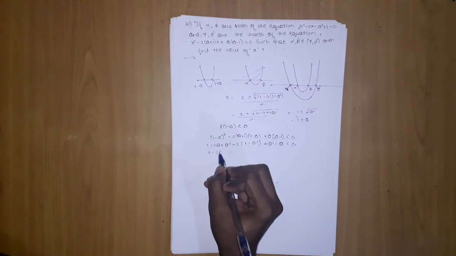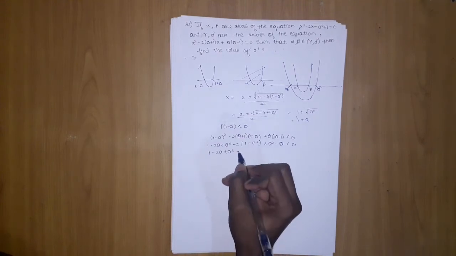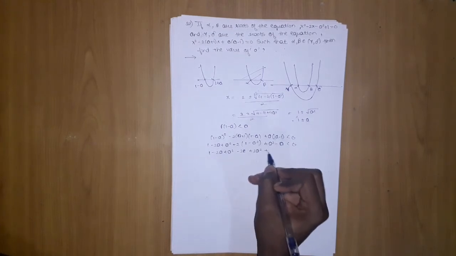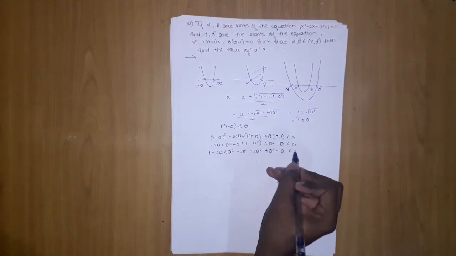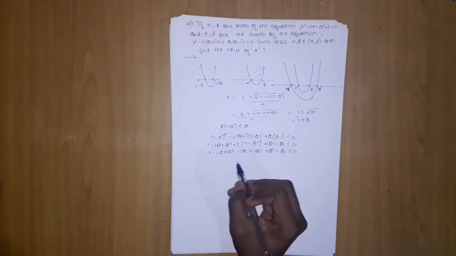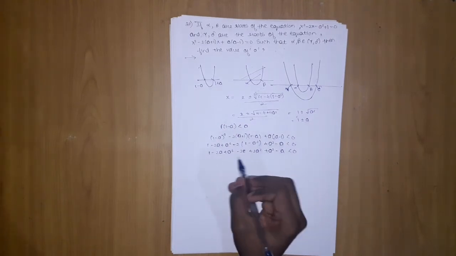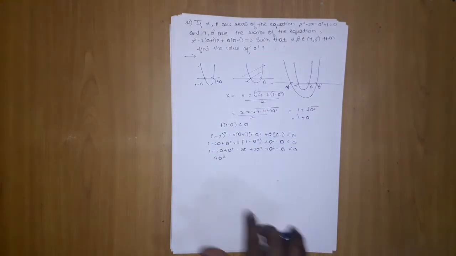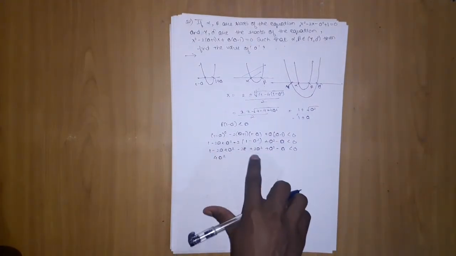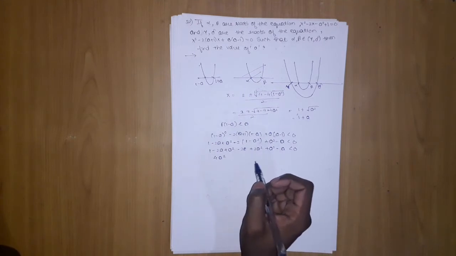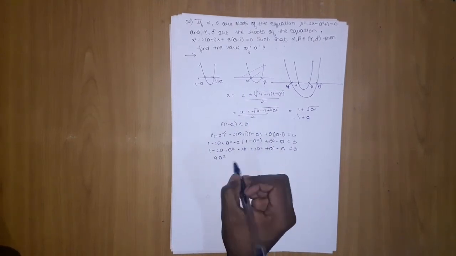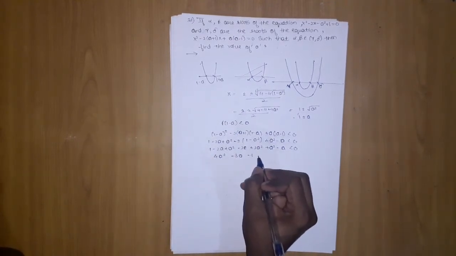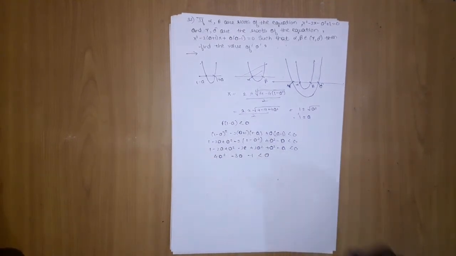Moving on further, 1 minus 2a plus a square minus 2 plus 2a square plus a square minus a should be less than 0. Now here I have a square, I will get 4a square, this a square, this a square, and this a square. Now for the a term, it has minus 3a, and what we have is minus 1, should be less than 0.